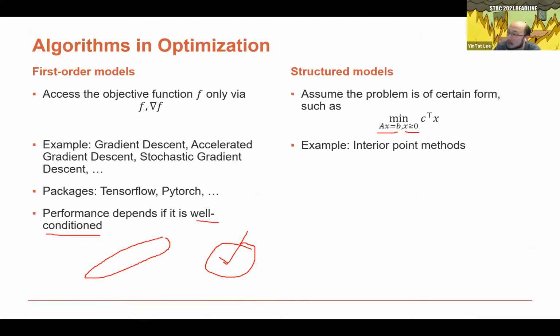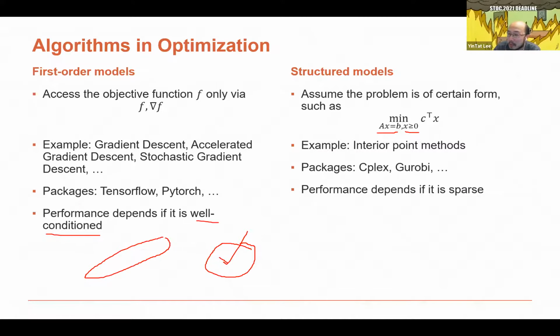An example algorithm is the interior point method, and there are many packages on this. In general, the performance depends on whether the matrix A has a certain sparsity pattern. So this depends on where the non-zeros of A happen, instead of the numerical values of A. So these two are quite different in when they are good.